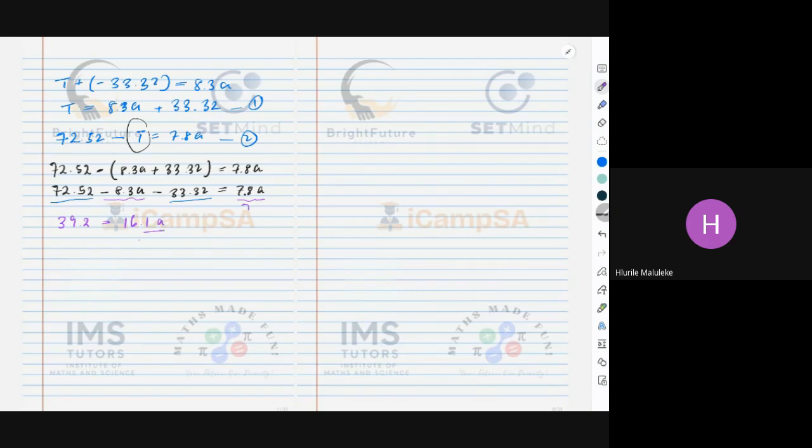Then you divide 16.1, 16.1 goes away, have your a here as 39.2 divided by 16.1. So you're going to have your 2.43 meters per second squared.